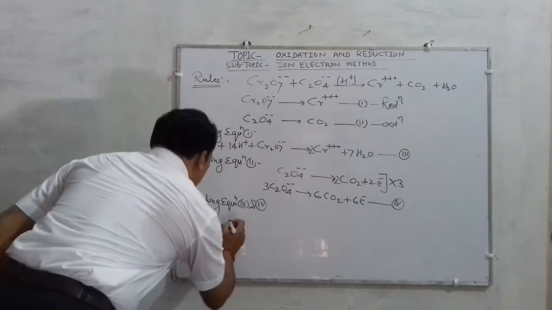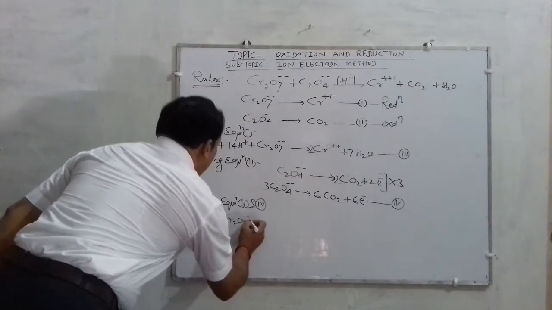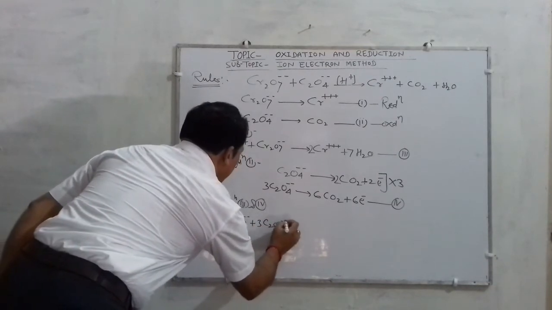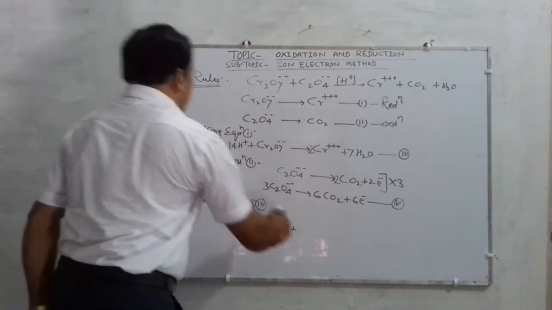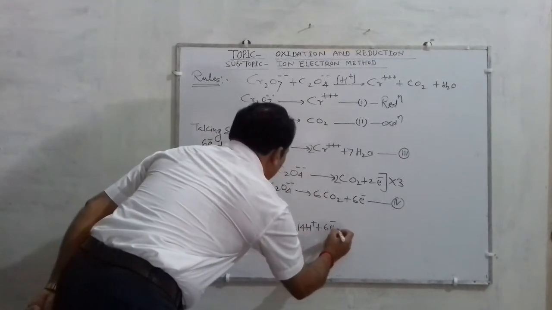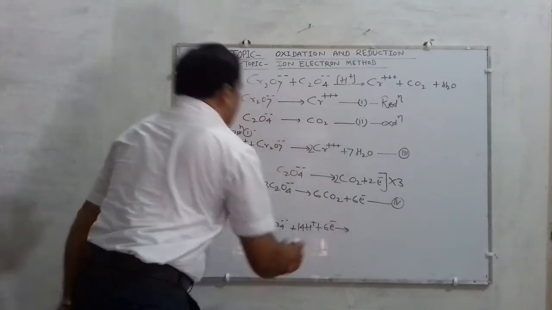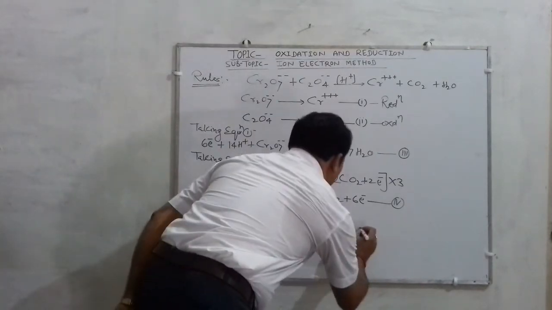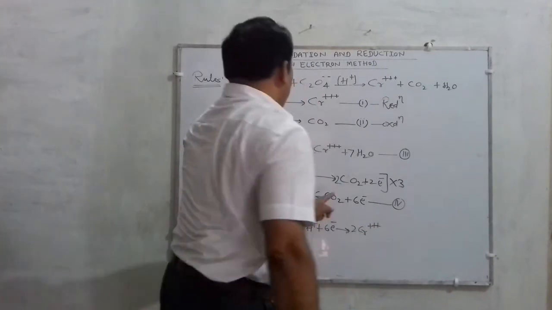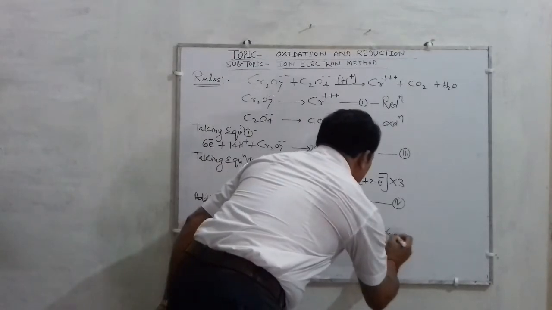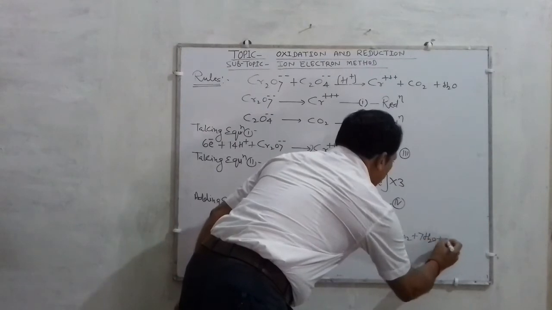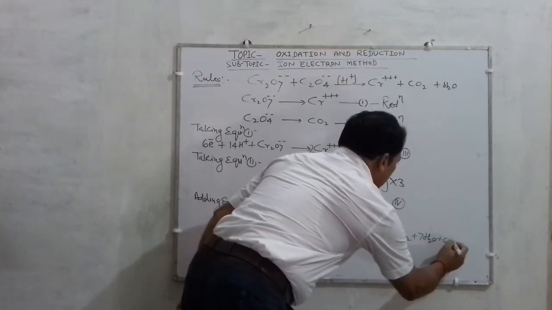So write Cr2O7 minus 2 plus 3C2O4 minus 2 plus 14H plus plus 6e minus gets converted into 2Cr plus 3 plus 6CO2 plus 7H2O plus 6e minus.